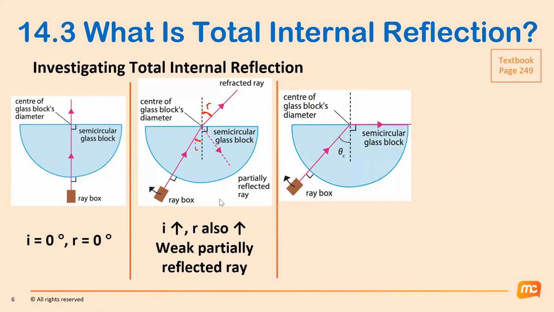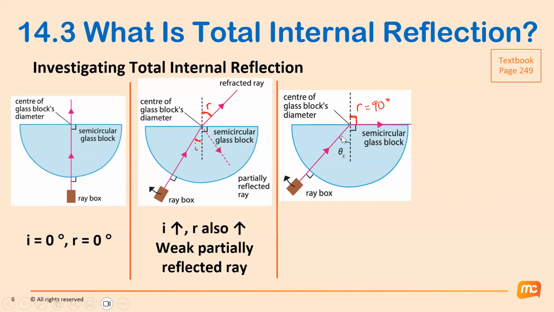I can increase this angle I until I reach a particular angle. This is a very special angle such that my angle of refraction will also increase until it is 90 degrees. The light ray travels along the glass block.